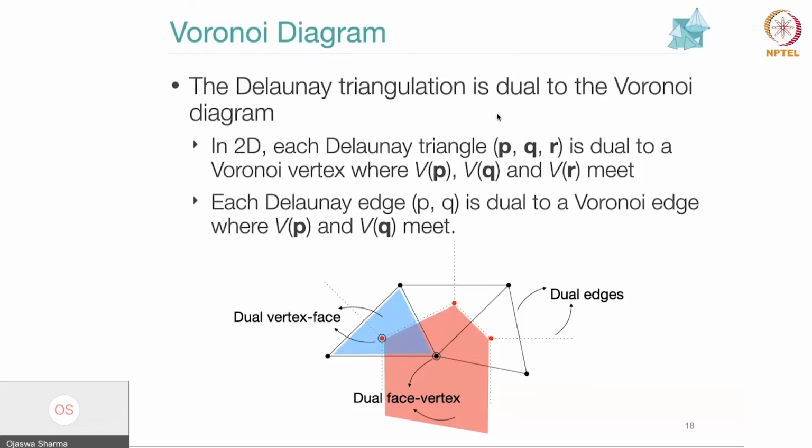These are the three adjacent facets, and the Voronoi vertices of VP, VQ, VR will form a Delaunay triangle, right? So I hope I haven't confused you, but if you just remember that primal dual diagram, it should be clear.